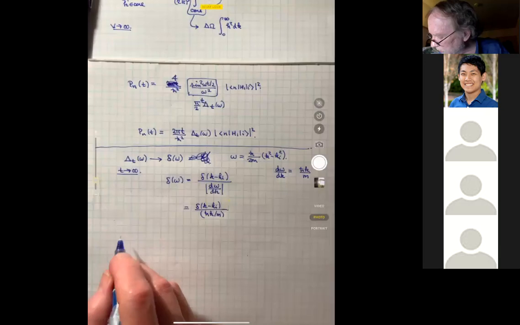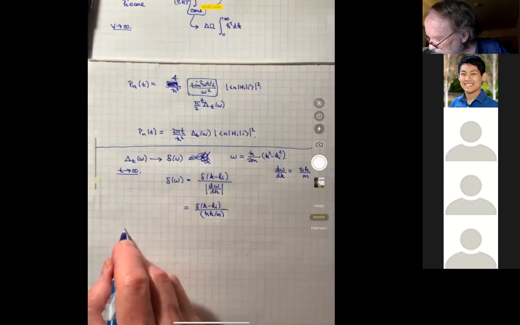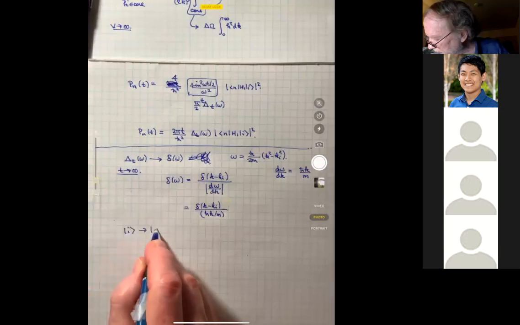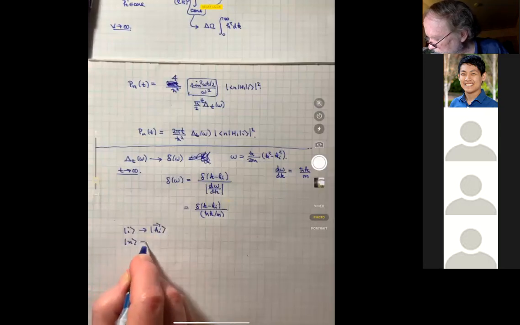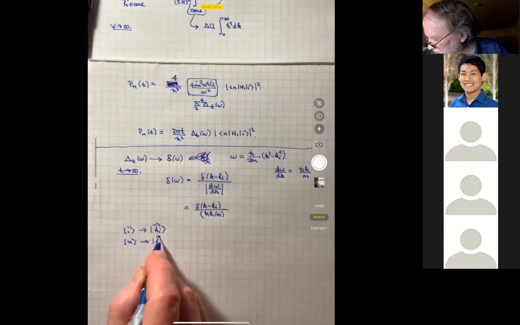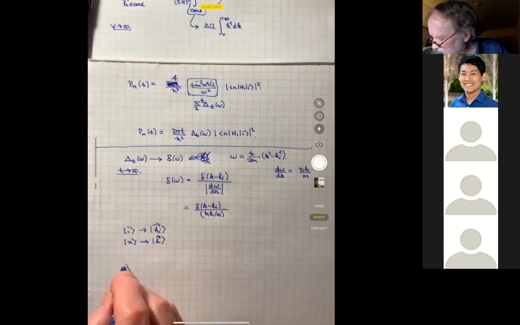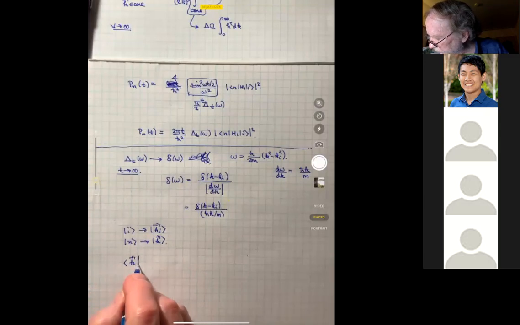Now, what about the matrix elements? The state I goes over into the state ki, and the state n goes over into the state k, changing the notation we need to change. So the matrix element we want is k on the left.